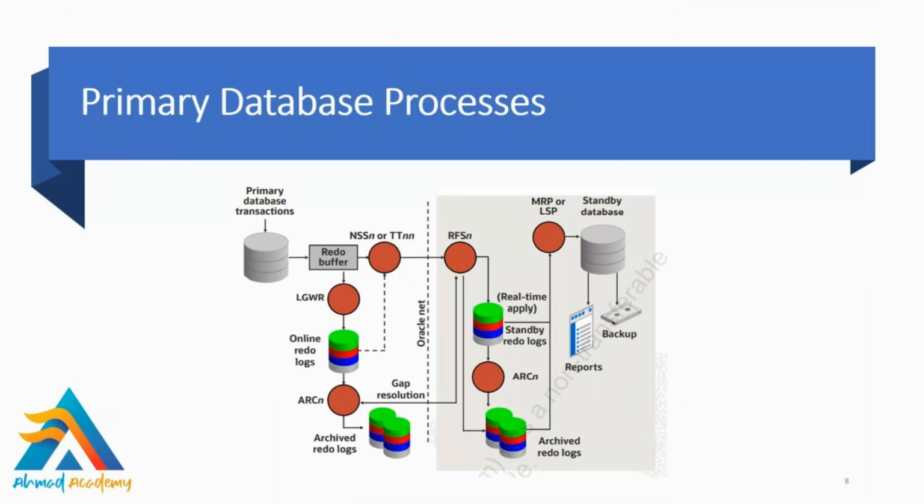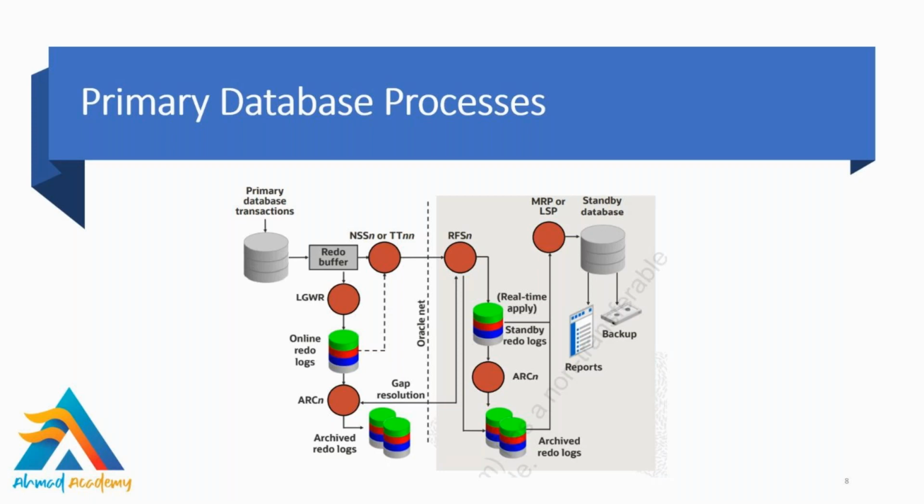And after that, two important processes which are used on the primary side: NSSn, that is network server sync process, and TTnn, that is redo transport slave process. These two processes basically transfer my redo data to the standby.